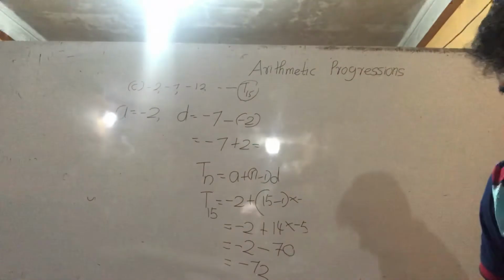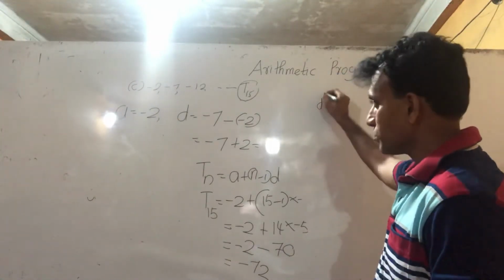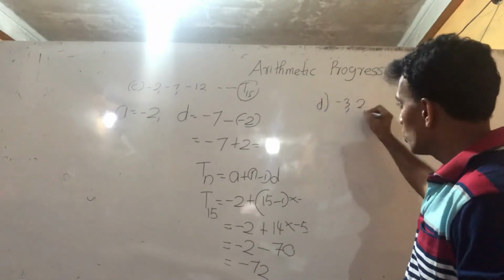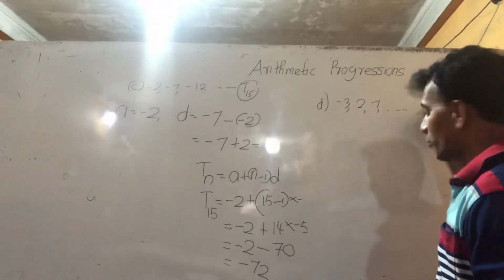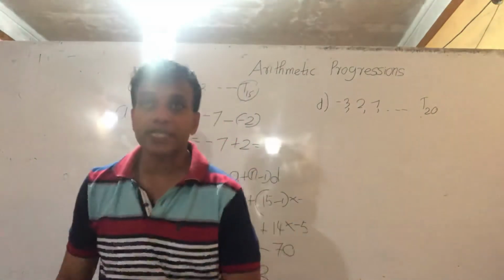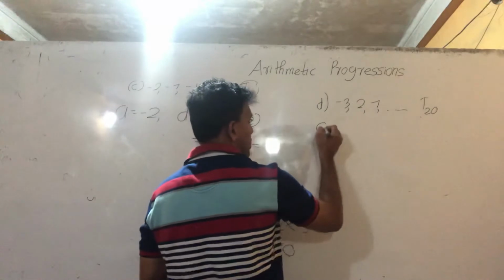Okay, next we see in order that problem D. Minus 3, comma 2, comma 7. Find the 20th term, right? T20, see T20. Find the 20th term. So follow the order. First term minus 3.